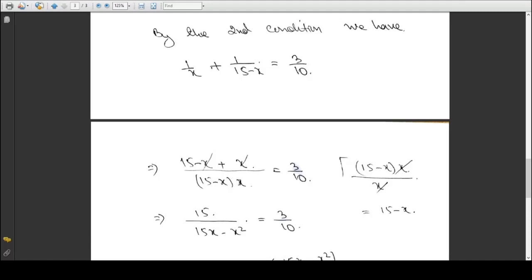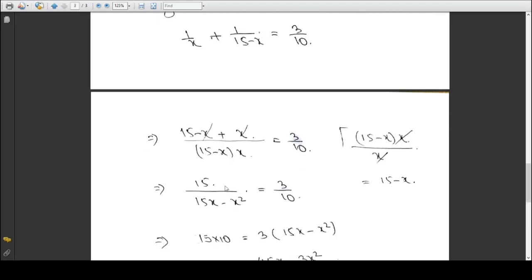Now you divide the LCM by the denominator x: x cancels, you have 15 minus x, and multiplying with the numerator 1, you get 15 minus x. Then 15 minus x divided by the denominator 15 minus x cancels, and you remain with x. Therefore x multiplied with 1 is x. On the other side it is 3 by 10.